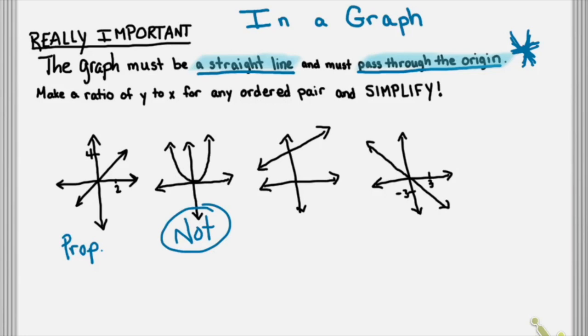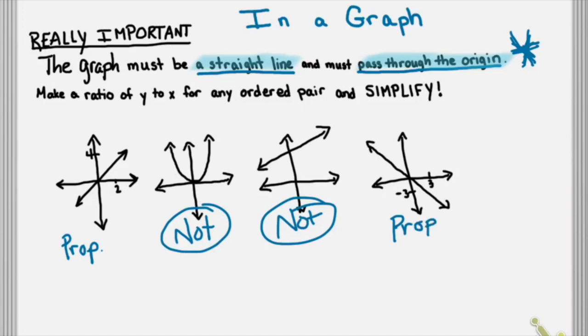On the next one, it is a straight line, but it doesn't pass through the origin, so this one is not proportional. On the next one, it does pass through the origin, and it is a straight line, so we know that it is proportional.